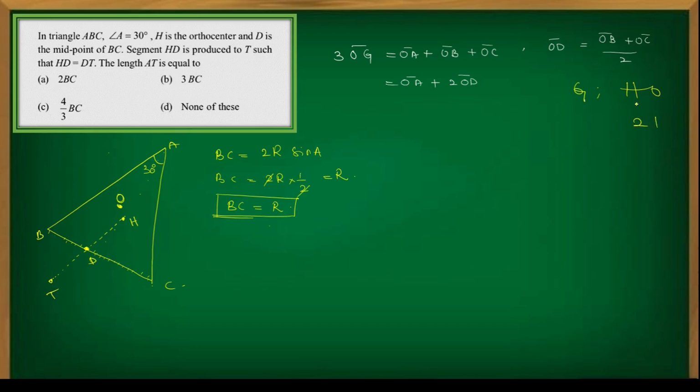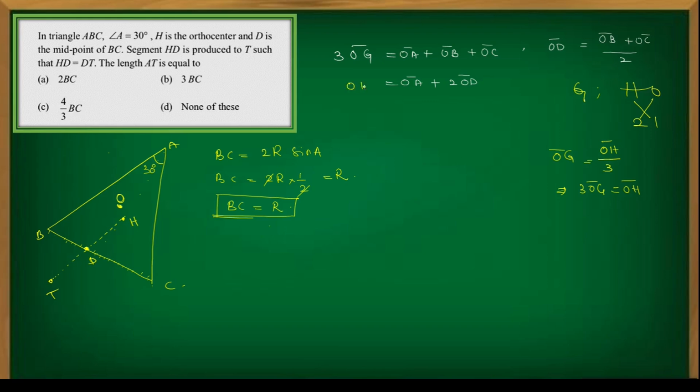Now I'll use my style: 1 into OH, 2 into OO. The reference point is O. Keep in mind, if you write the H vector, it is OH. If you write the O vector, it is OO, which means the 0 vector only. So you'll get 1 OH plus 2 OO, which is 0, by 2 plus 1, which is 3, equal to OG. So what you got here? 3 OG is equal to OH.